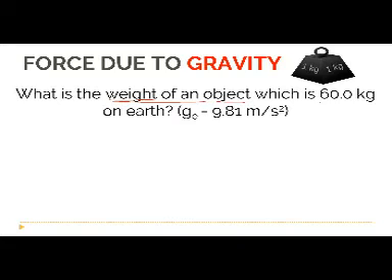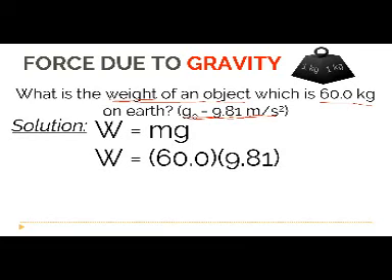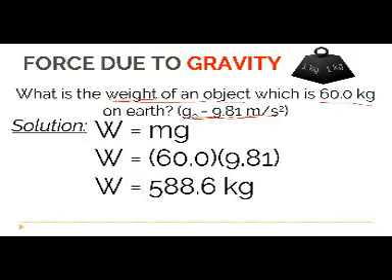So the mass of the object is 60.0 kilogram and the acceleration due to gravity on Earth is equal to 9.81 meters per second squared. Using the equation, mass times gravity, 60 times 9.81 is equal to 588.6 kilogram.